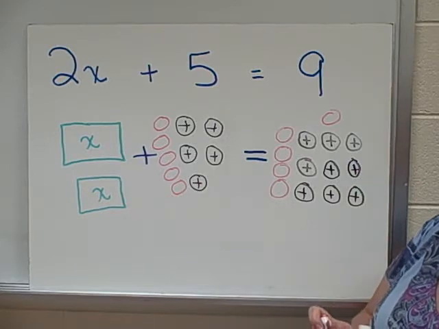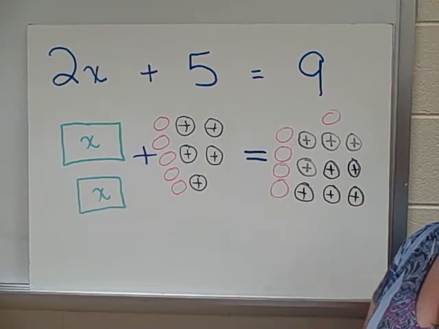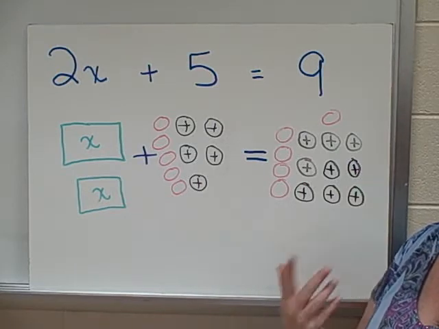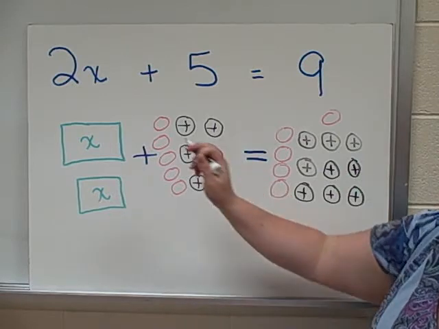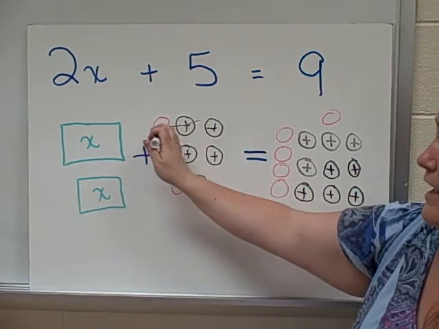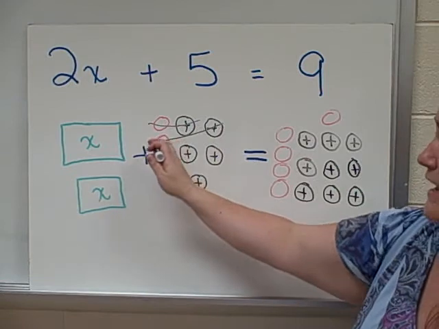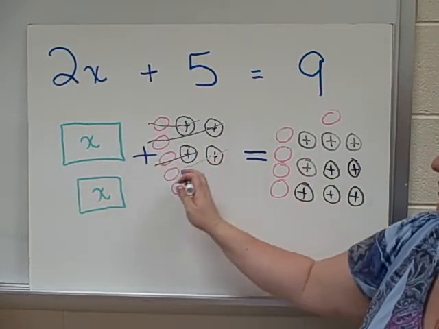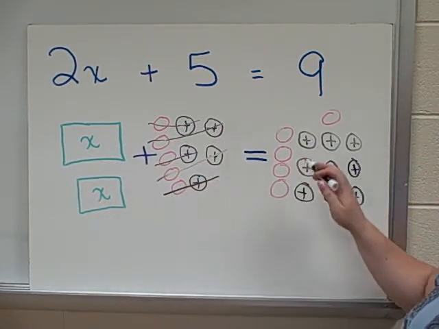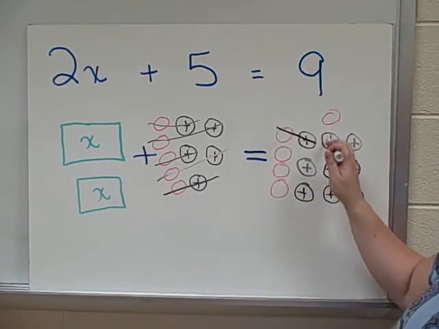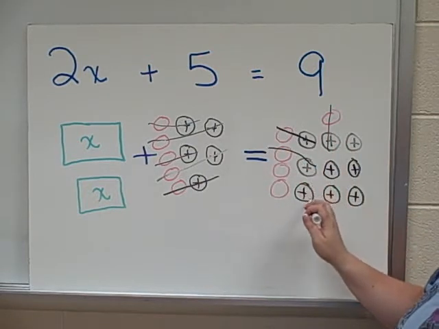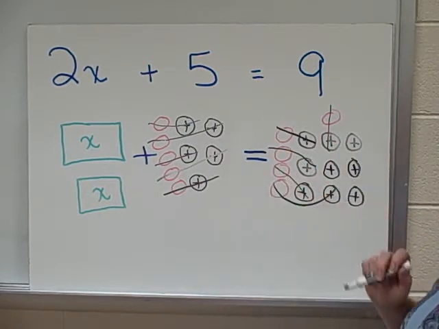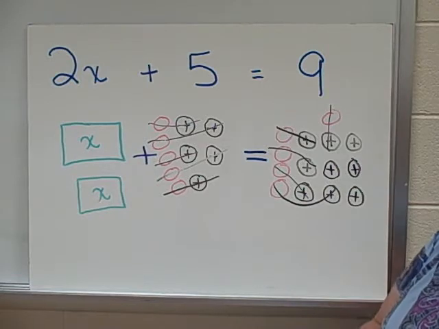All right, so remember we learned about making 0 pairs. So every single positive has a negative, and they cancel. Okay, same thing here. Okay, so what does that leave me?